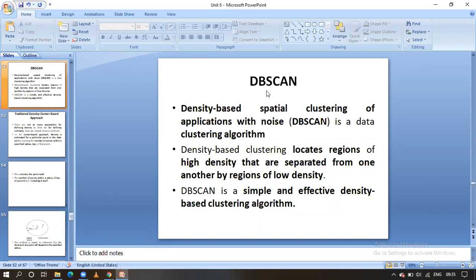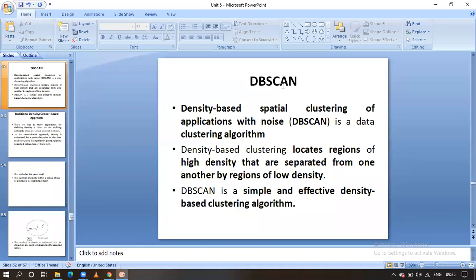Related to density, we have only a few clustering algorithms. Among them, the effective and simple clustering algorithm is DBSCAN, the density-based clustering algorithm. Till now we have seen the k-means algorithm, which is not related to density.